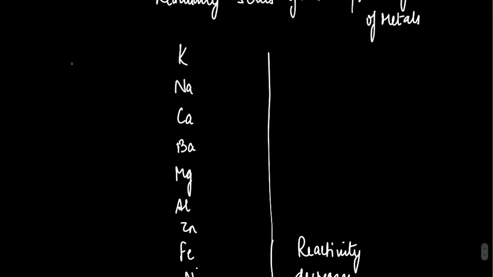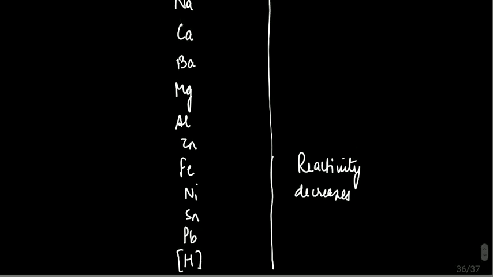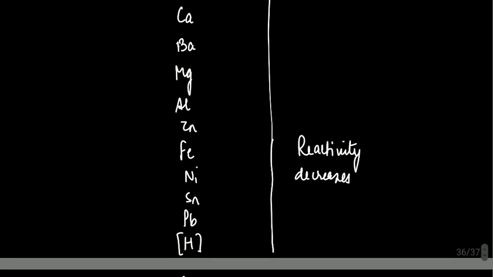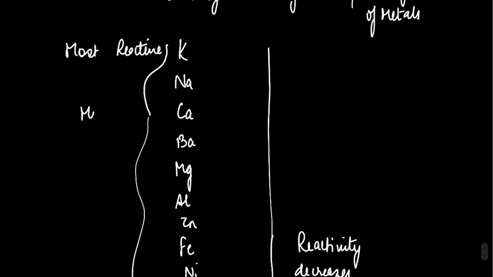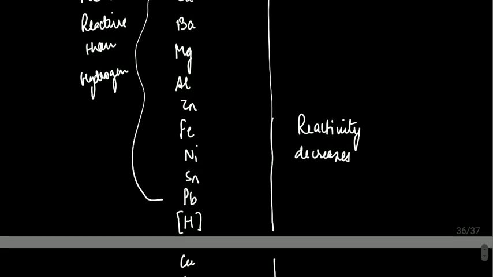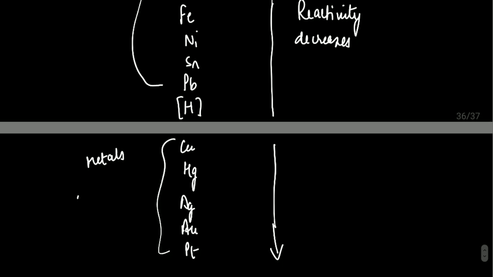So this potassium over here is the most reactive. Then all these metals above hydrogen are more reactive than hydrogen. Then the metals after hydrogen are less reactive than hydrogen.